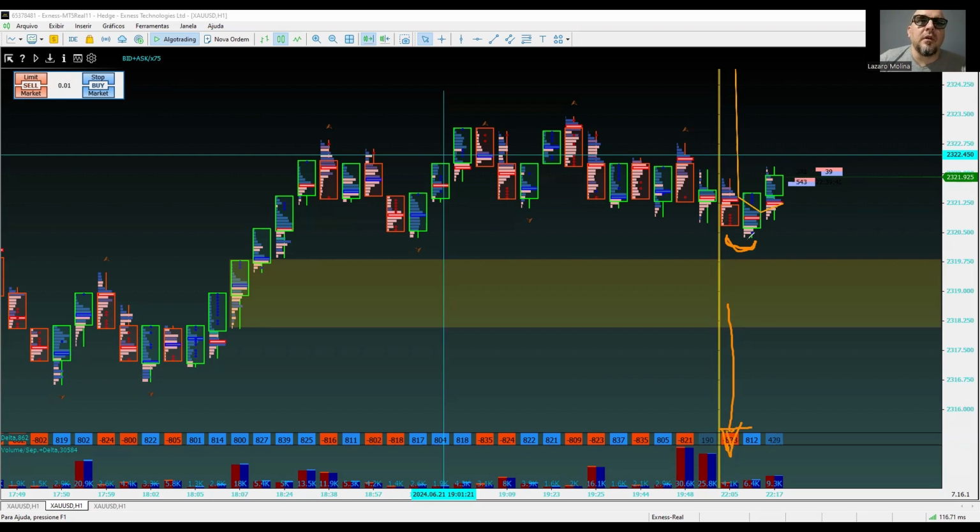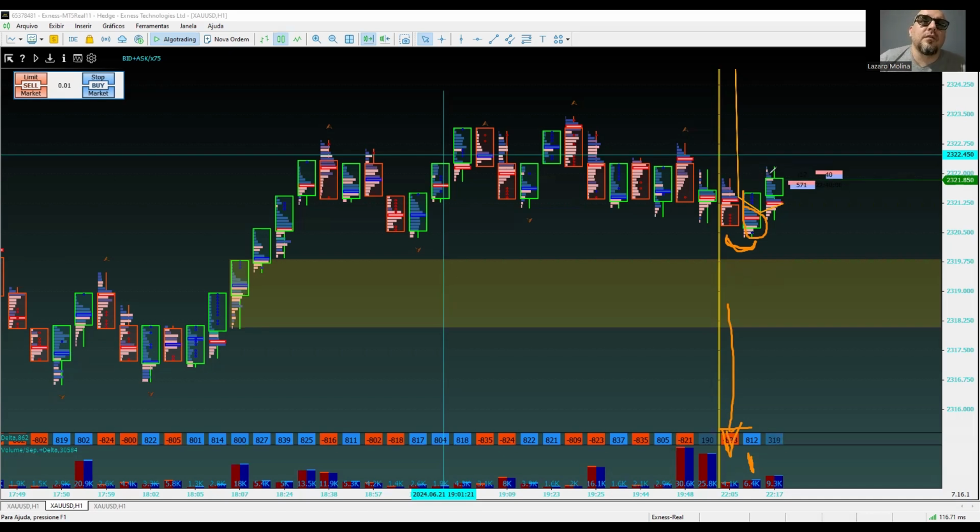And the next cluster starts with this kind of formation with more interest here than the last one.